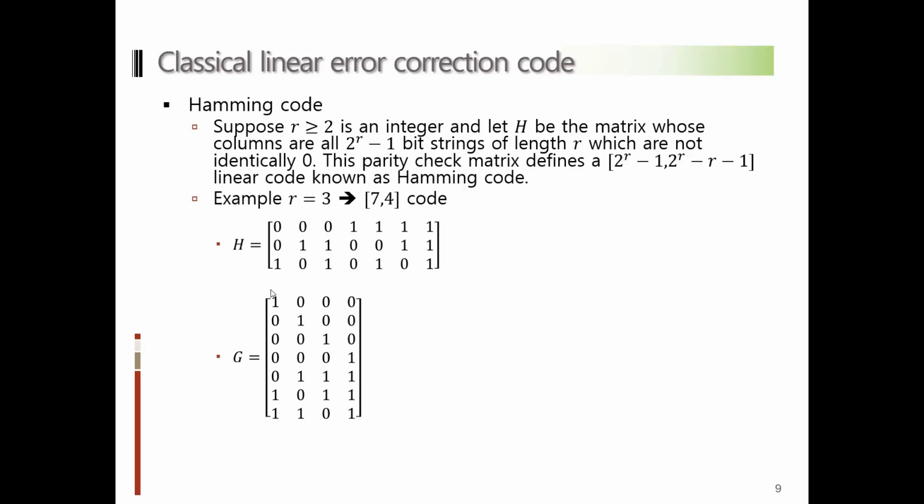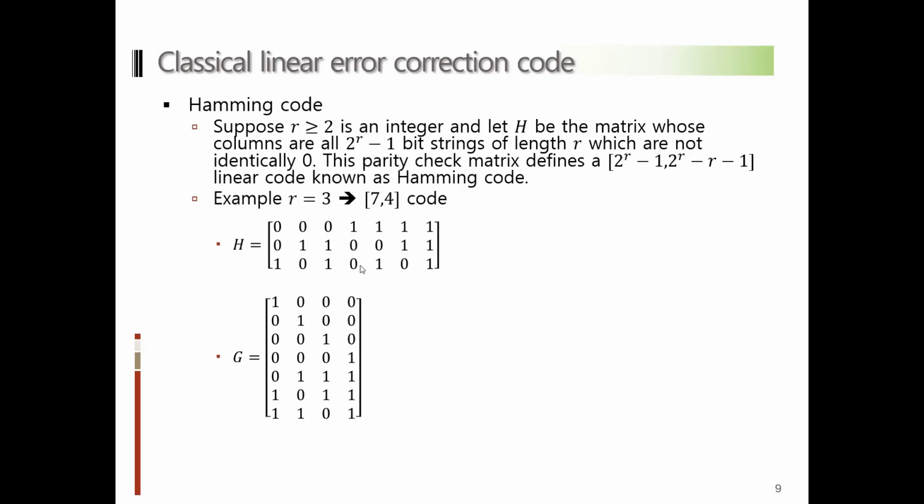There will also be a corresponding generator, and each column vector will be composed of the basis vectors in the null space of this Hamming matrix, or more generally what used to be called the parity check matrix.